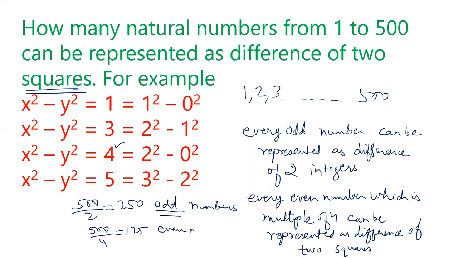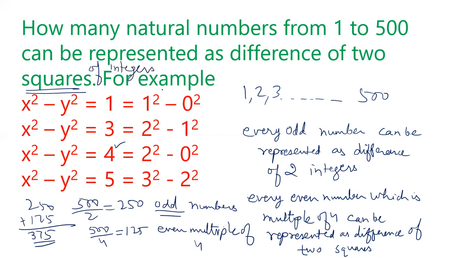Even multiples of 4. So the total number of cases is 250 plus 125, that is 375 numbers that can be represented as the difference of two squares of integers. That is important. Otherwise, every number can be represented as the difference of two squares.